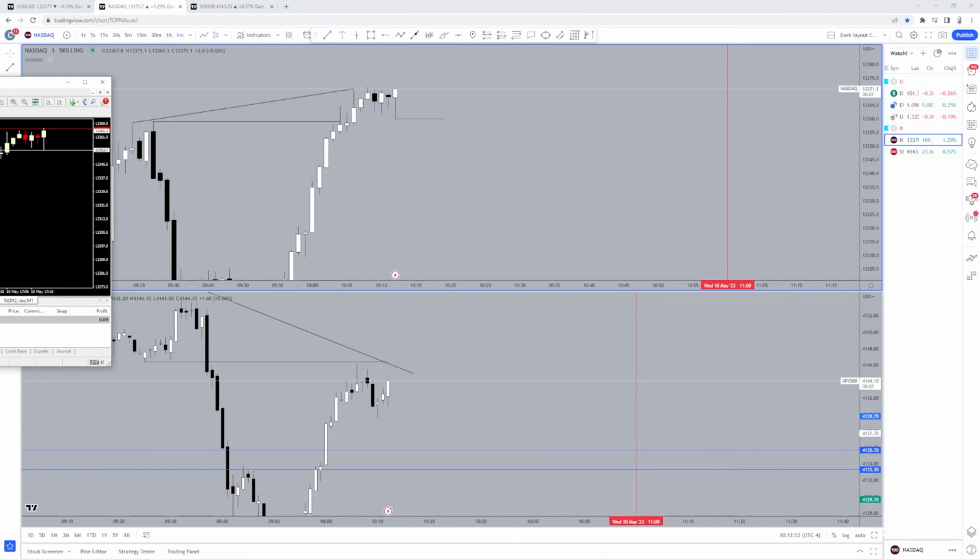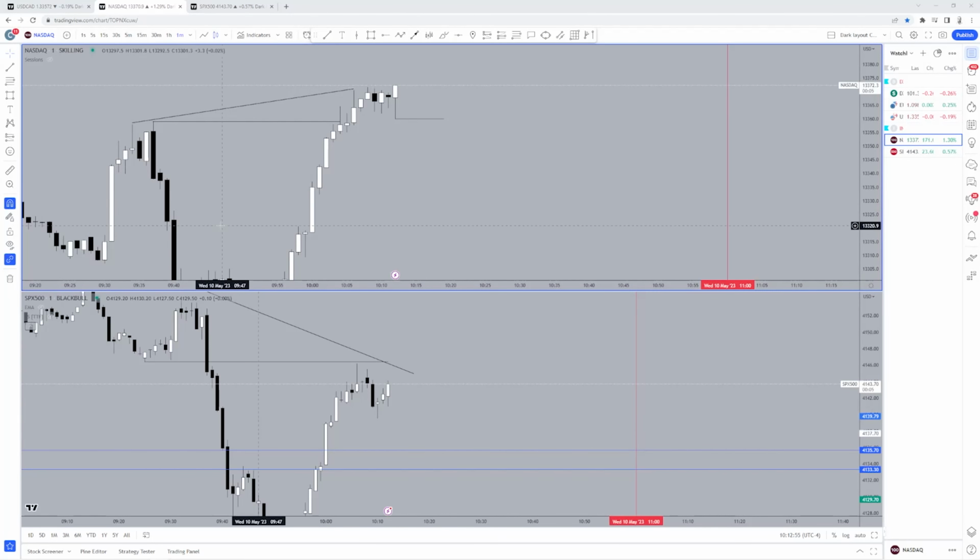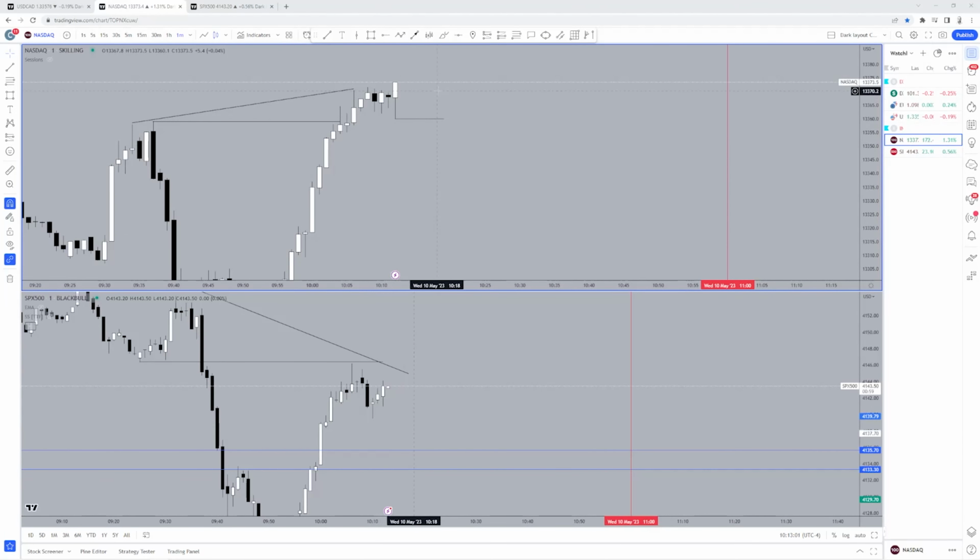You see why we are waiting patiently. Another small grab of liquidity is possible here.